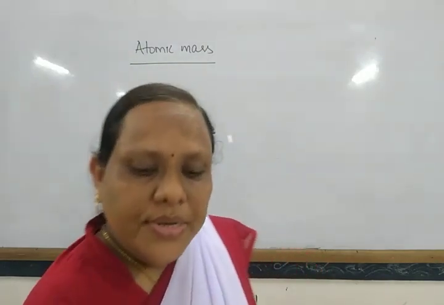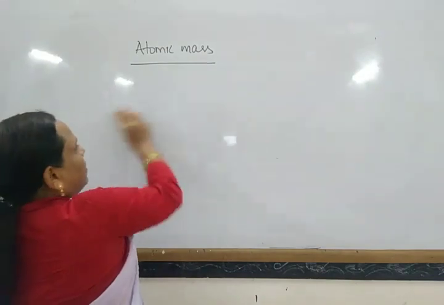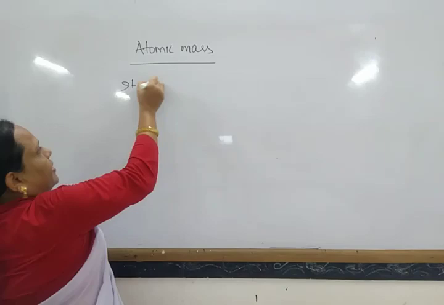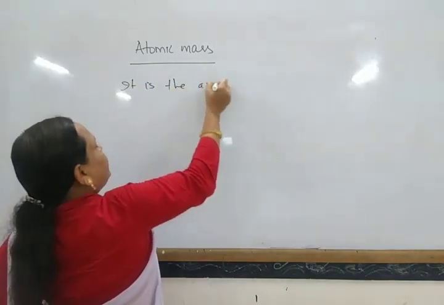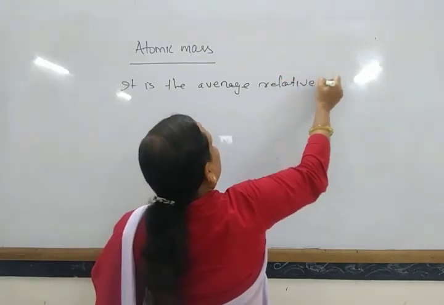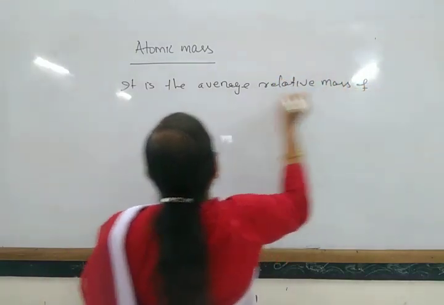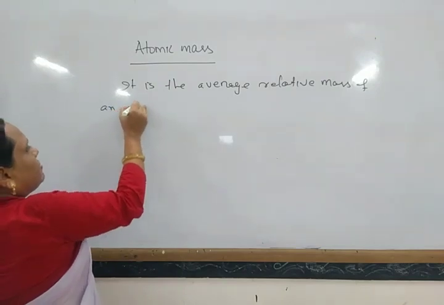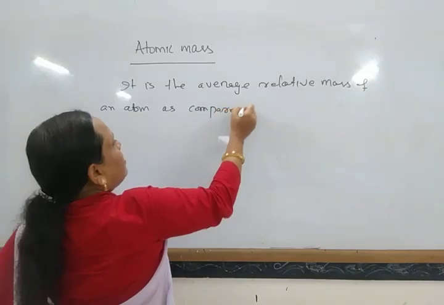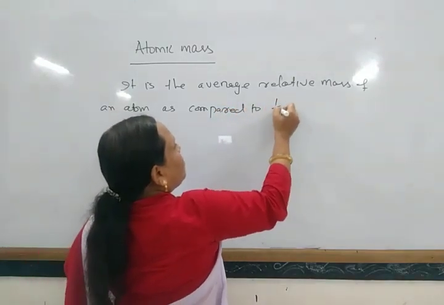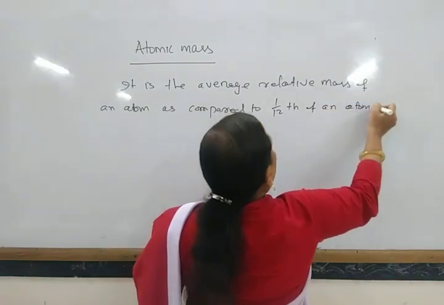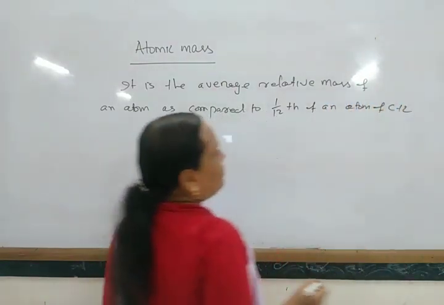So what is the definition of atomic mass? Look here. It is the average relative mass of an atom as compared to 1/12 of an atom of carbon 12.